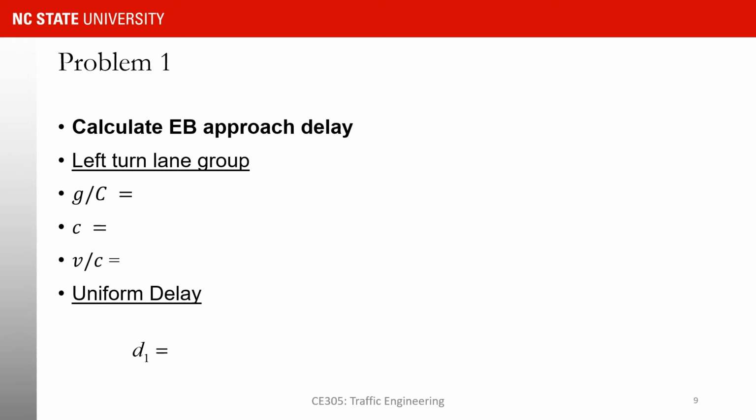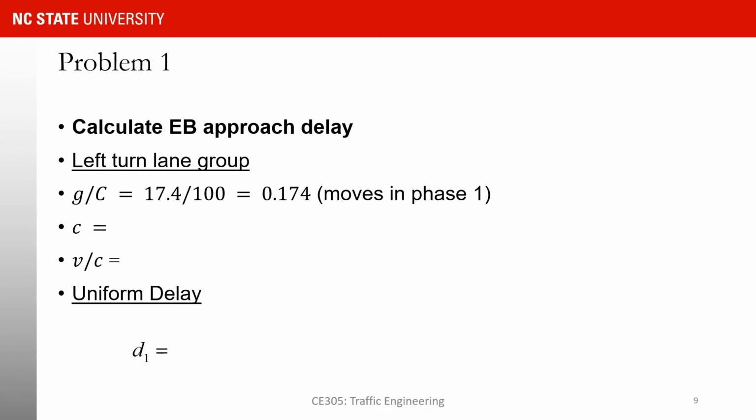So first, let's find delay for the left turn lane group of the eastbound approach. We need to know what G over C is. The G that we calculated was 17.4. Cycle length is 100. So you find G over C as 0.174.